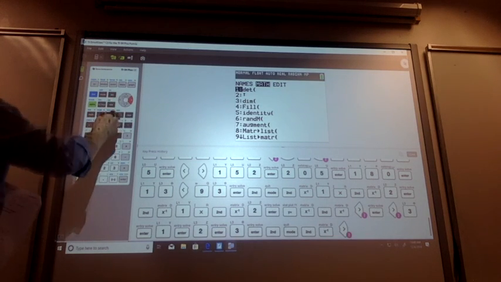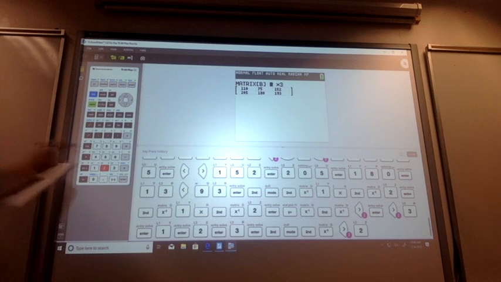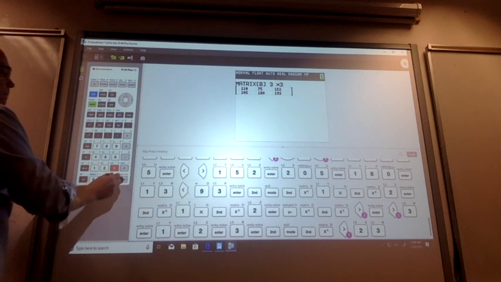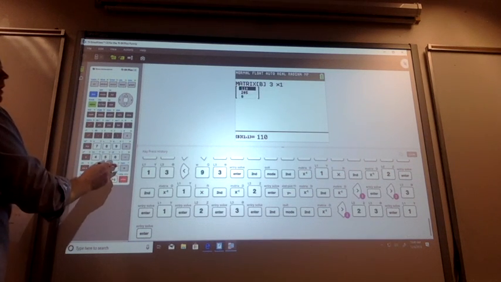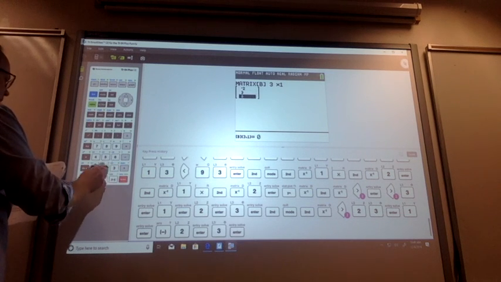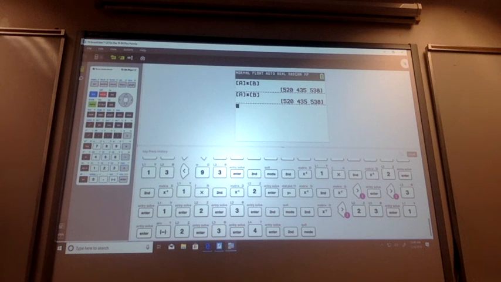Okay, so I'm going to edit letter B. The one we're looking at is actually E, right? E is the one we wanted to multiply. So that is a 3 by 1. Let's put those values in. I got -2, 3, and 4. Okay, second quit. Ready?